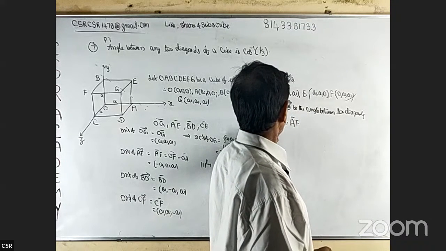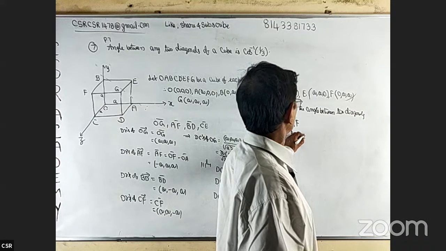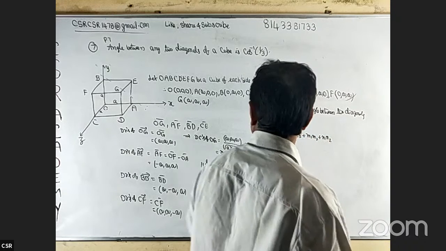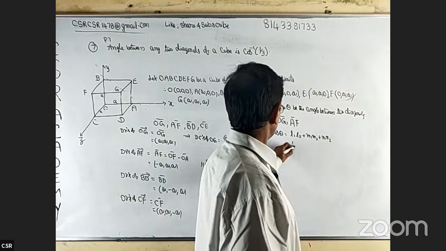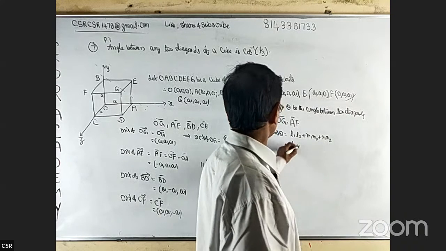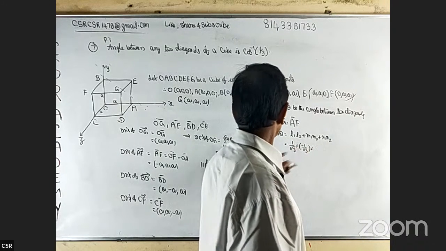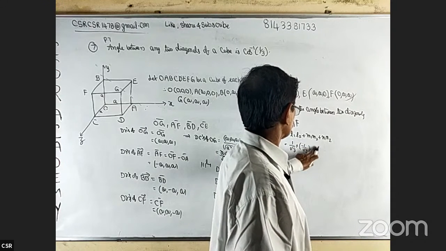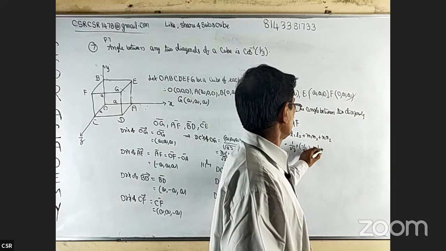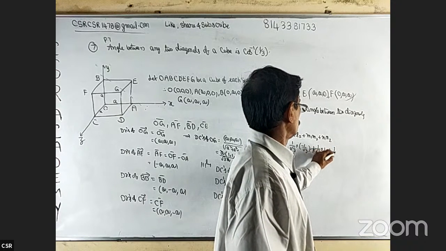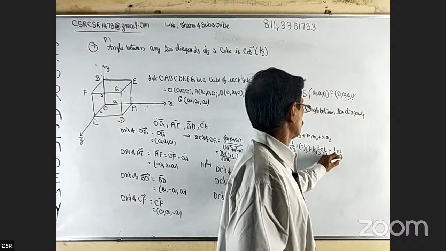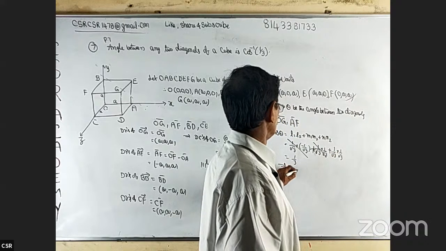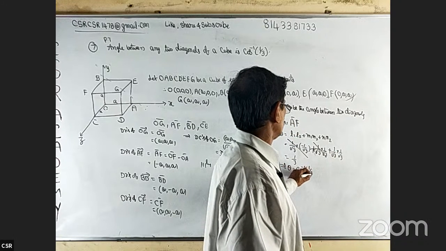So cos theta is equal to L1 L2 plus M1 M2 plus N1 N2. Here this is 1/√3 into minus 1/√3, plus 1/√3 into 1/√3, plus 1/√3 into 1/√3. These two cancel, giving 1/3. So theta is cos inverse 1/3.